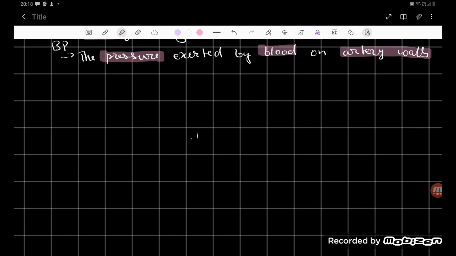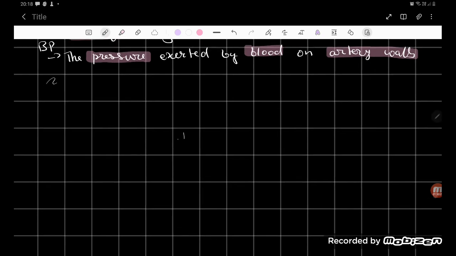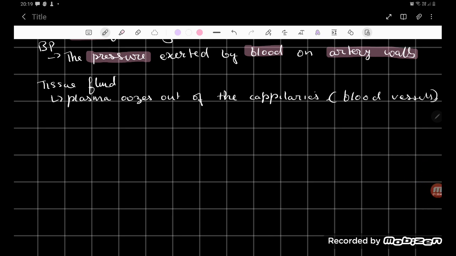I don't think I have to explain that much, or I'll just write it down. Plasma oozes out of the capillaries or blood vessels. That is when it is called tissue fluid.